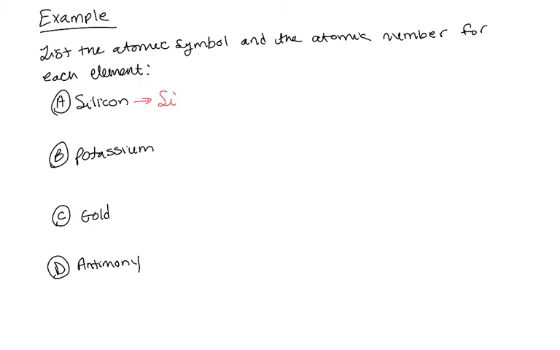And when we look it up in the periodic table, we found that it's number 14. So Z is 14, and that is our atomic number. So it means it has 14 protons.